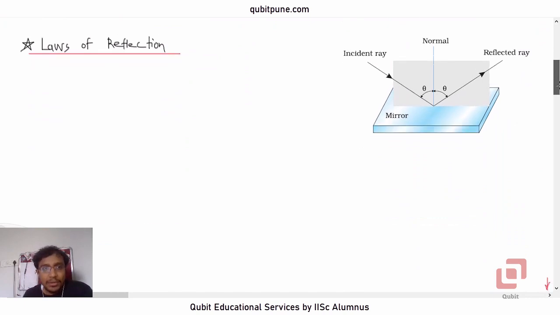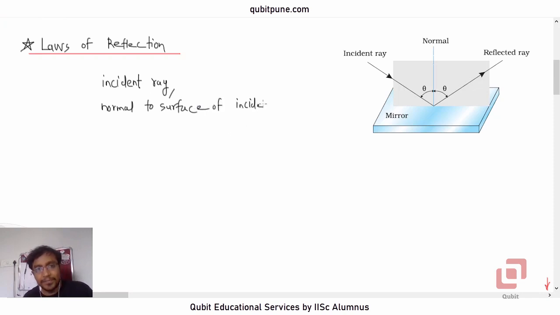First part is laws of reflection of light. Pretty simple. The incident ray, the normal to the surface of incidence, and the reflected ray are coplanar. And what is the other law of reflection?